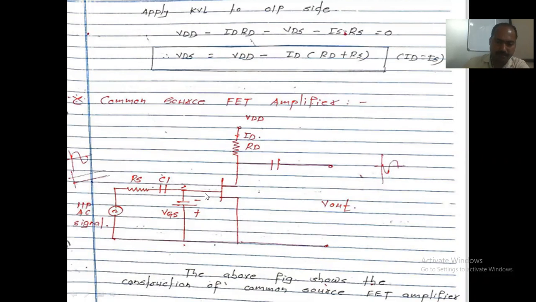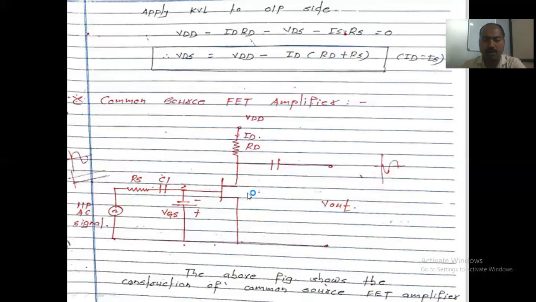See here, 1, 2, 3. So this is the source, this is your gate, and this is your drain terminal. Gate, drain, and source. These are the three terminals of the field effect transistor.